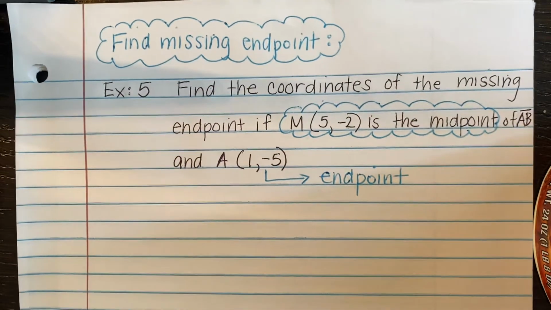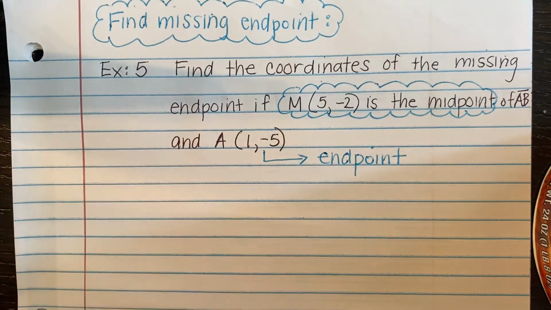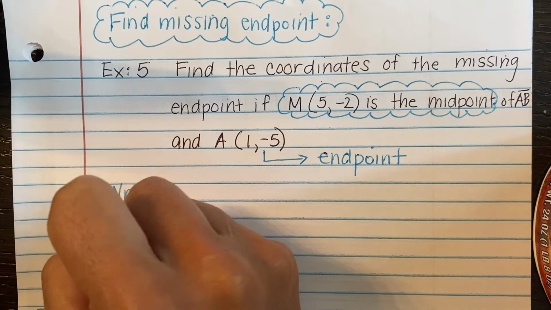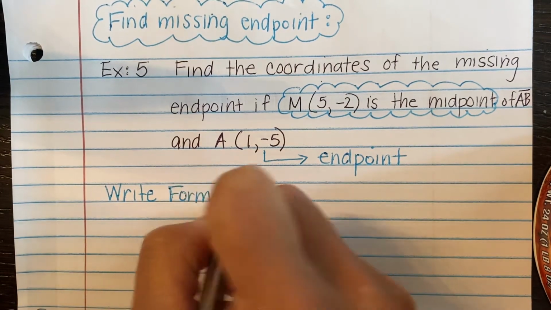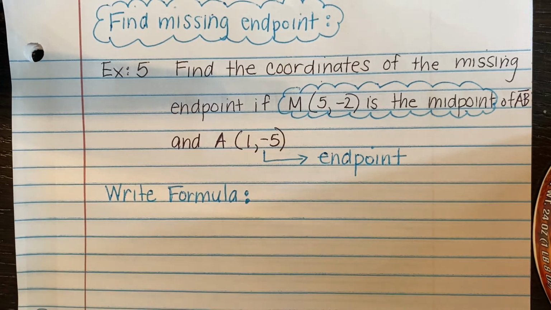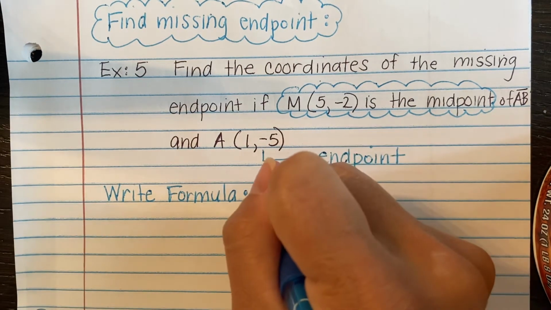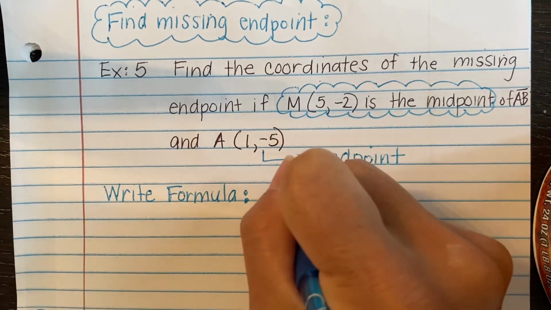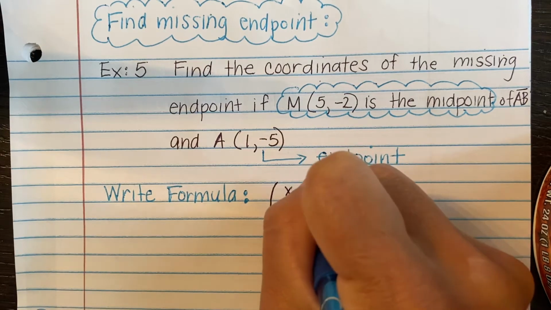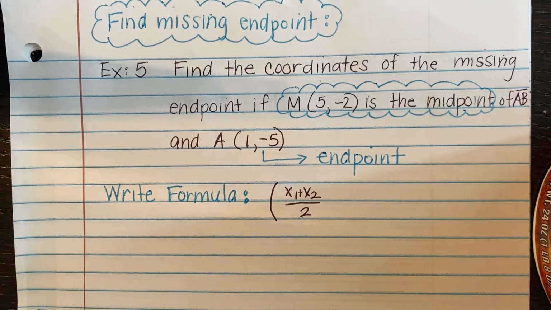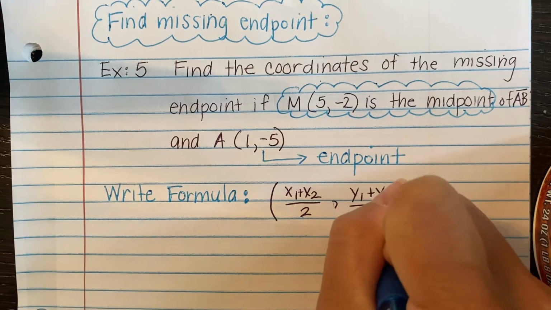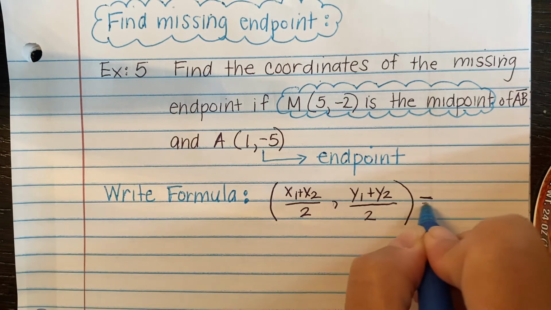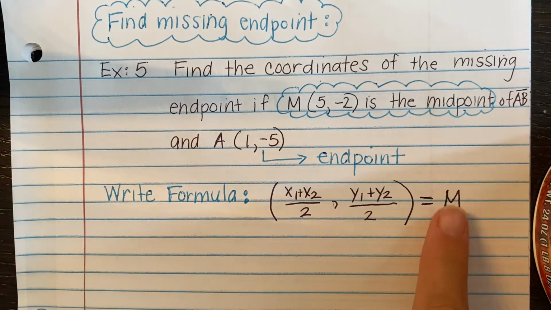All right, before we begin, I suggest that we write down our formula. Now, in class, I said we kind of want to write it in reverse, and all I meant by that, like we did, was we wrote (x1 plus x2) divided by 2, comma, (y1 plus y2) divided by 2 equals M. The M is the part that we're doing in reverse.